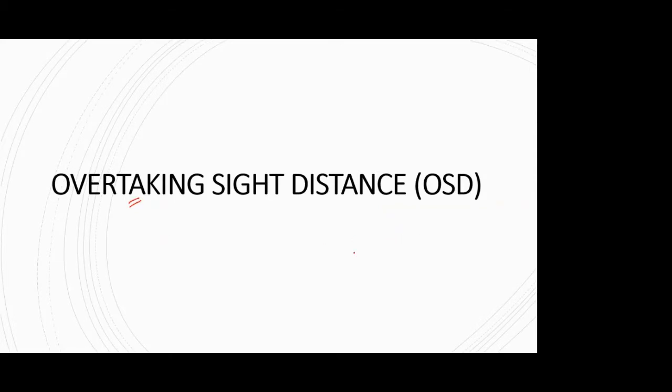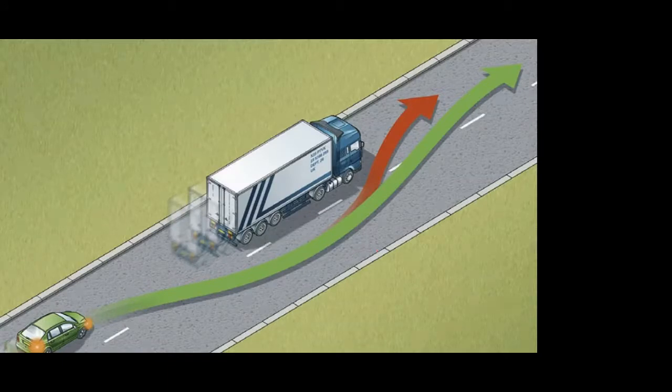of overtaking. So just to show you pictorially, this is what overtaking looks like. There is a slow moving vehicle, in this case a truck, and then you have a fast moving vehicle, a car in this case, which is at the rear side of the truck.